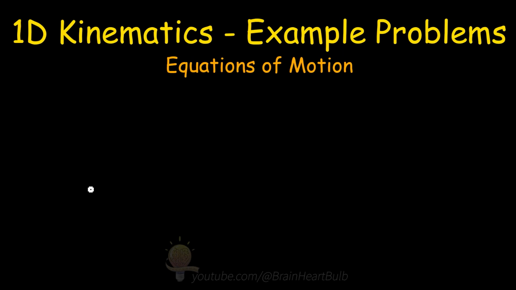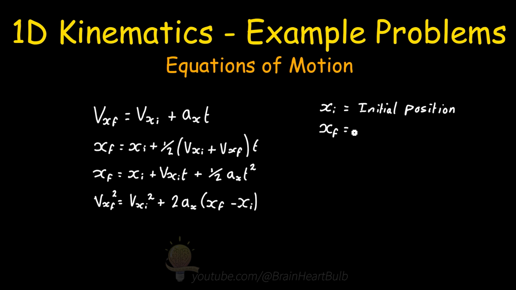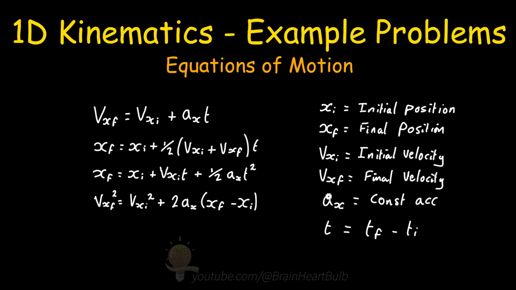So the equations of motion we derived in the last lesson are where xi is the initial position of a particle, xf is the particle's final position, vxi is the particle's initial velocity, vxf is the particle's final velocity, ax is the constant acceleration of that particle along the x-axis, and t is the difference in time between the final and the initial positions or velocities of that particle.